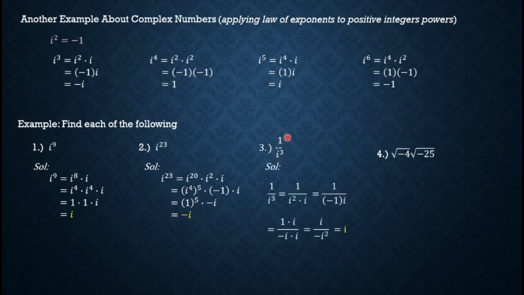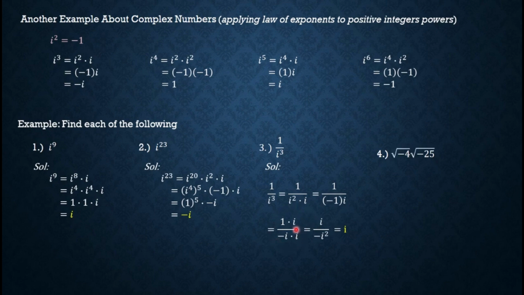For 3, i over i to the power 3. Solution: we separate it. Since i cubed is i squared times i, and i squared is negative 1, the denominator becomes negative i. To obtain the value of i over negative i, we rationalize the denominator.